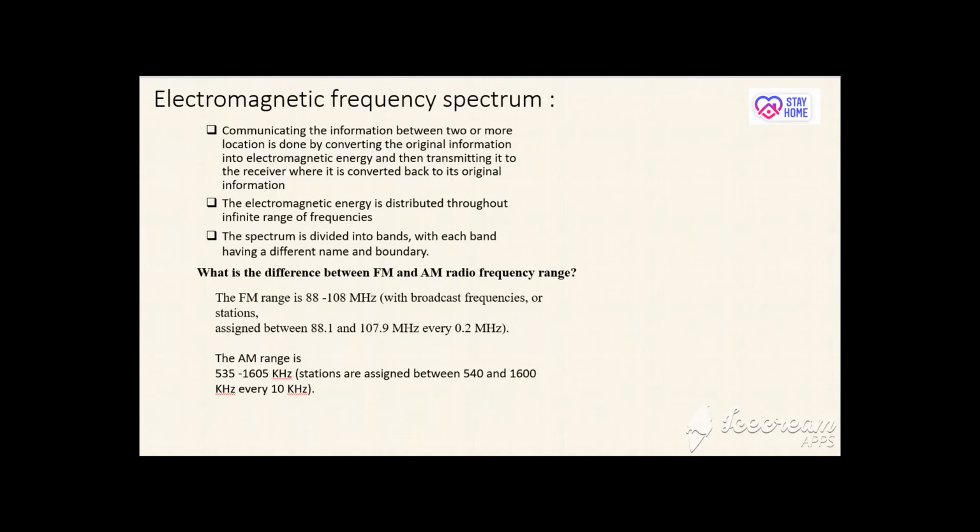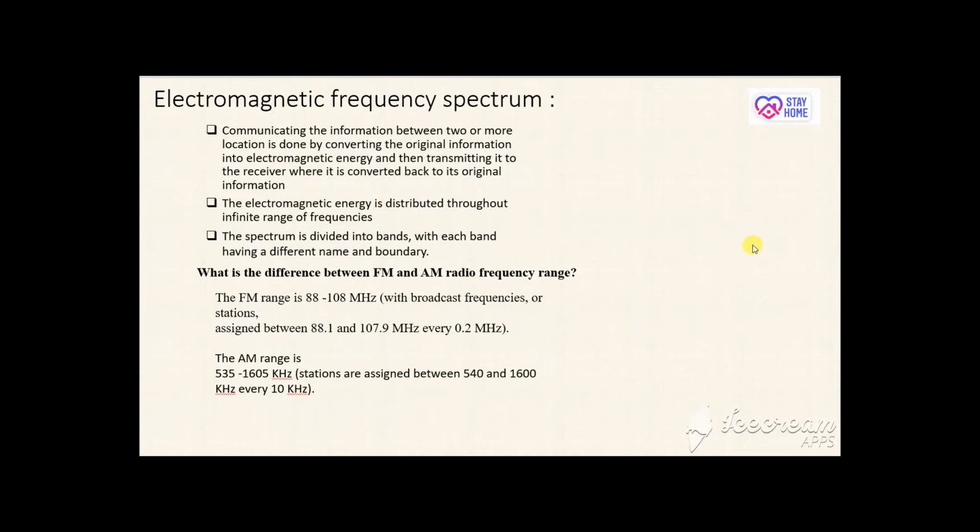The second subtopic in this chapter is about the electromagnetic frequency spectrum. Communicating information between two locations is done by converting the original information to electromagnetic energy and passing it to the receiver.